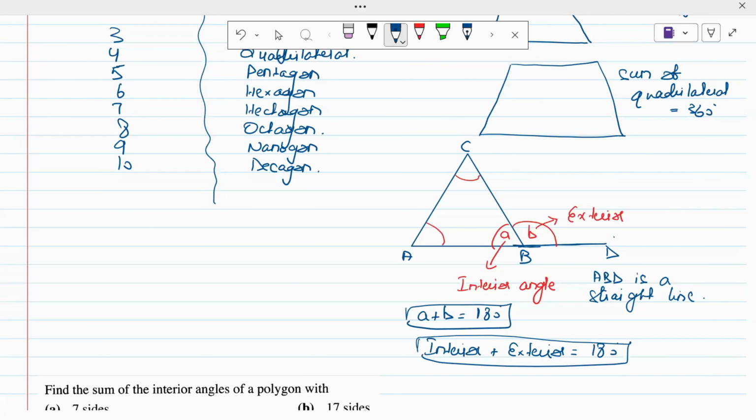Now, the next thing to be remembered about interior angles is the sum of interior angles. When I say sum of interior angles, for a quadrilateral it would be the sum of all four interior angles. When I say pentagon, it means the sum of all five interior angles. When I say hexagon, it means the sum of all six interior angles.